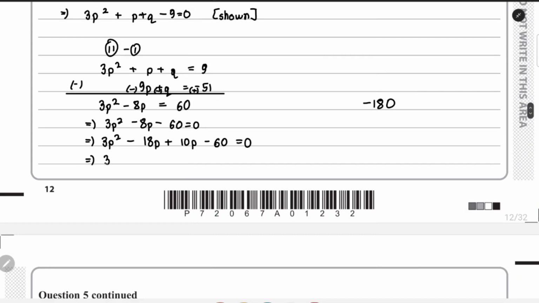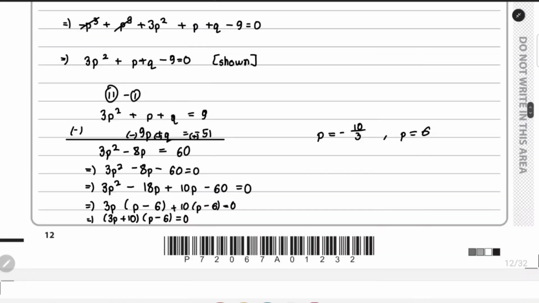We can take 3p common over here, we get p minus 6. We can take 10 common over here, we get p minus 6. So we have 3p plus 10, p minus 6 equal to 0. We get p equals minus 10 by 3 and p equal to 6.